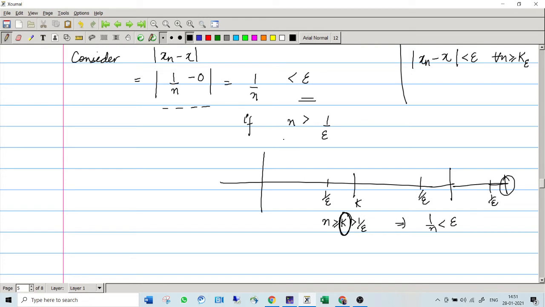But at least you are sure that you can find some natural number k such that for n greater than or equal to k, n is also greater than 1 by epsilon, and hence 1 by n is less than epsilon, so this quantity is less than epsilon. And if epsilon keeps on changing, k keeps on changing, that's fine.